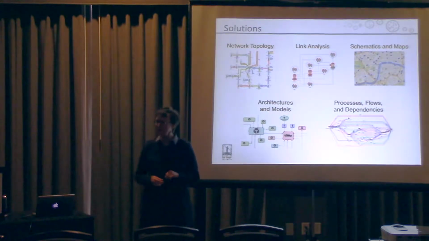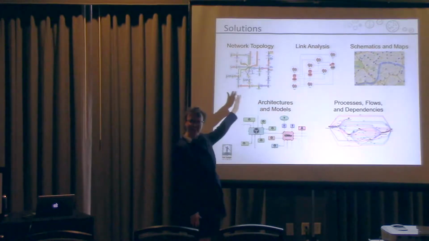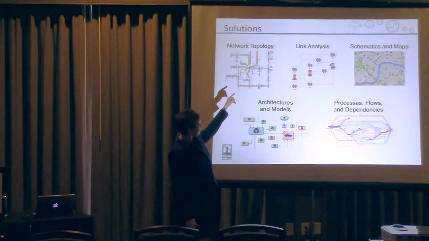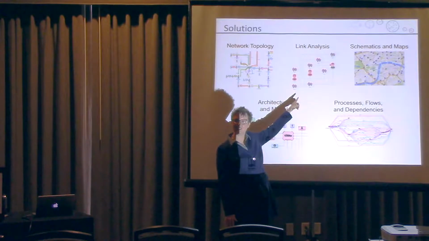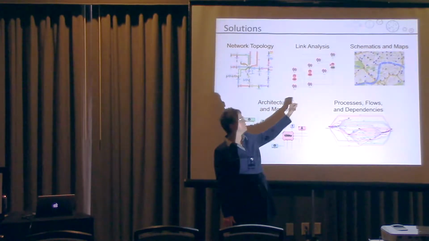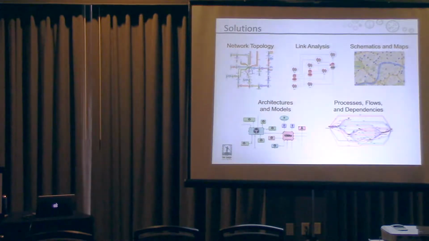We offer several types of solutions. These are just a few, but many of our most popular ones. We're very good at laying out network topologies. We help with what we call link analysis, otherwise known as social network analysis, or fraud detection. We work with some very interesting problems with schematics and geospatial maps.